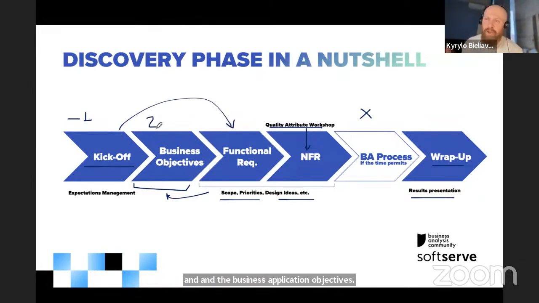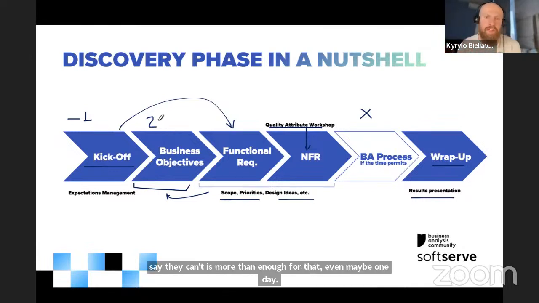It also depends how exposed you are to the client. I'm talking about an on-site approach. If you talk to all the major stakeholders and compile a certain vision of the client's business and validate it, I'd say 2 days is more than enough for that. Even 1 day is fine if you do it right.